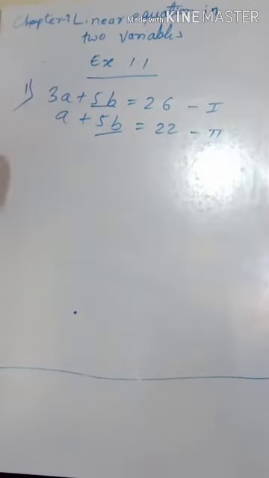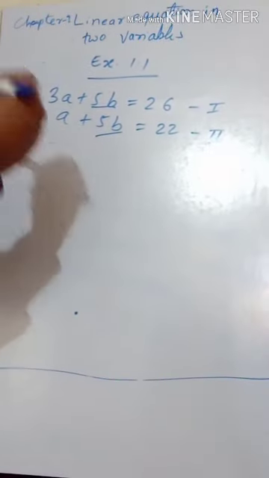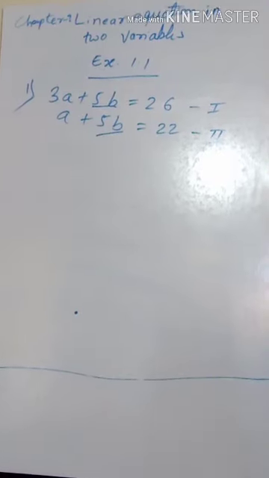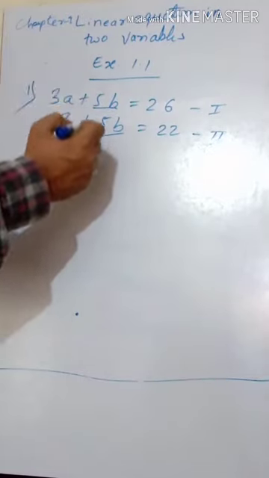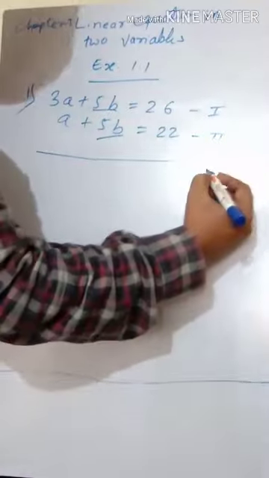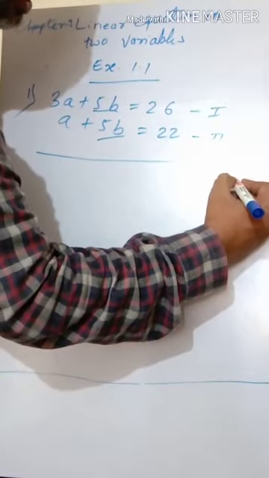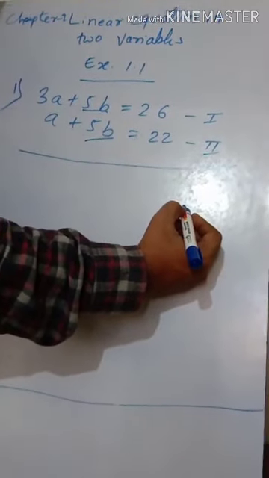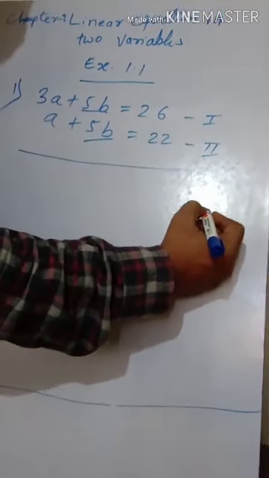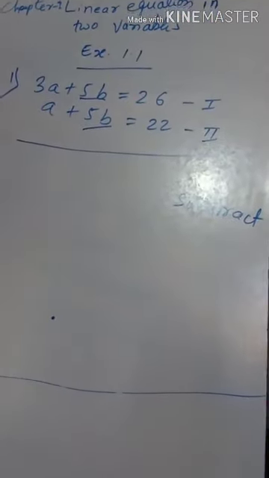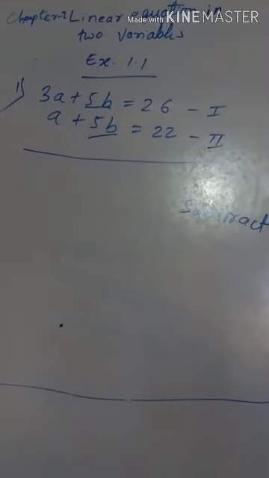We also see the sign of the first equation and the second equation is also the same. That's why we subtract equation 2 from equation 1.